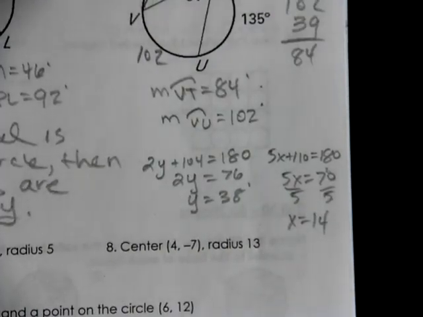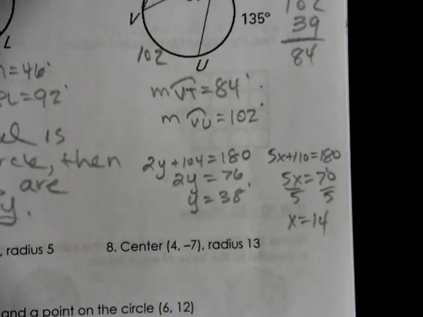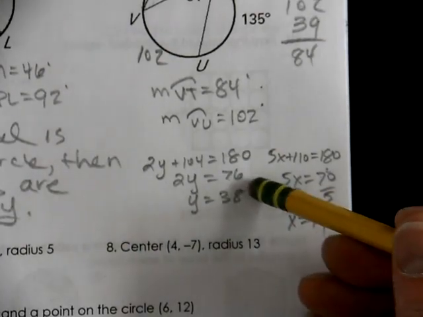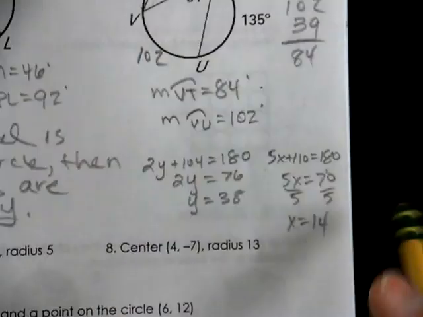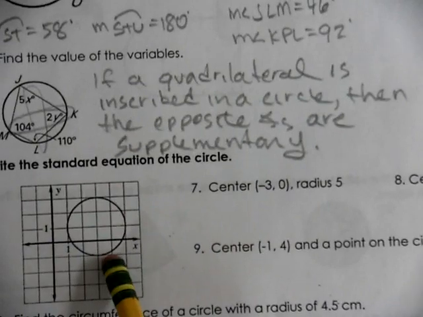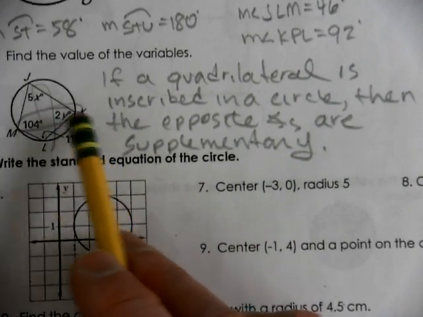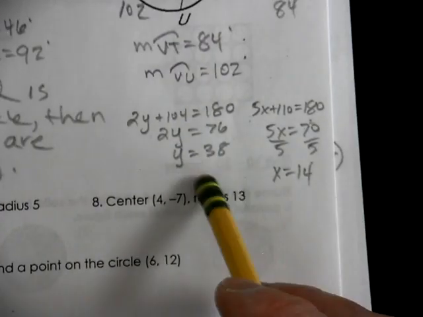Goes into 20 four times. So x is 14. Those wouldn't actually be considered a degree. Those would just be a value, but the total result is a degree. Over here, when you plug it in, 2 times y gives you a degree. 5 times x gives you a degree. Those are not degrees by themselves.